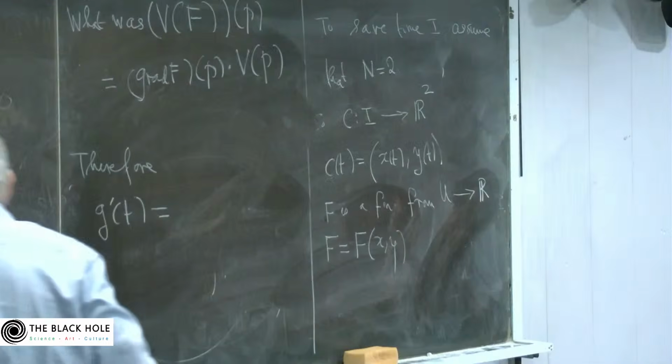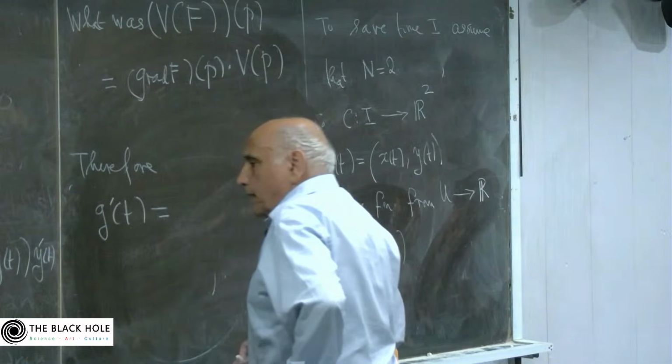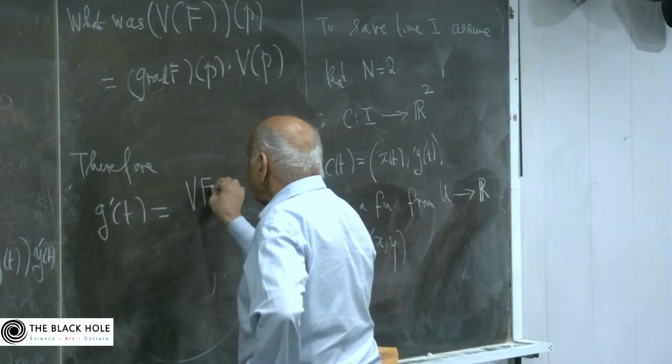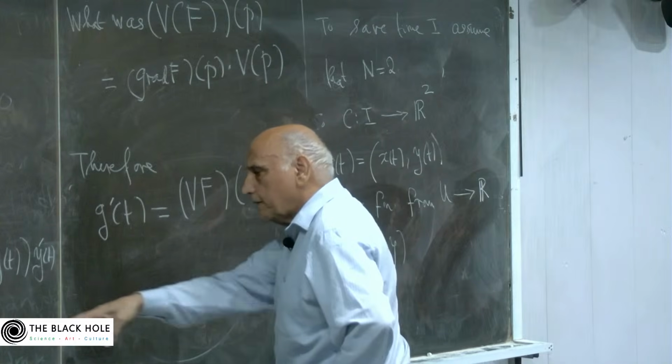Otherwise, we will not be able. Therefore, g prime t is equal to vf evaluated at the point c(t).